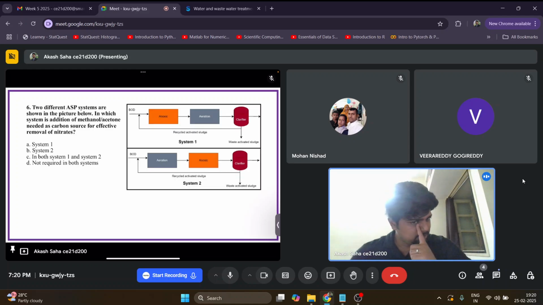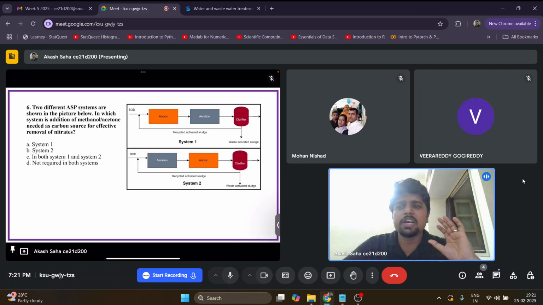Now, next question. It is a bit conceptual. There are two different ASP systems in the picture. In which system is addition of methanol or acetone needed as a carbon source for effective removal of nitrates? Again, we are talking about the removal of nitrates, that is nothing but denitrification.